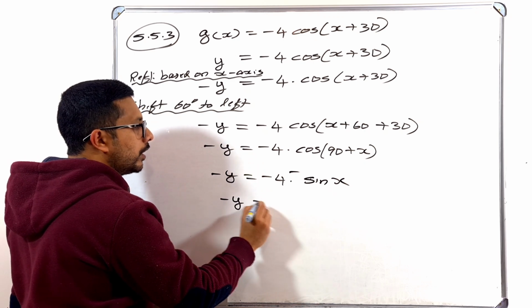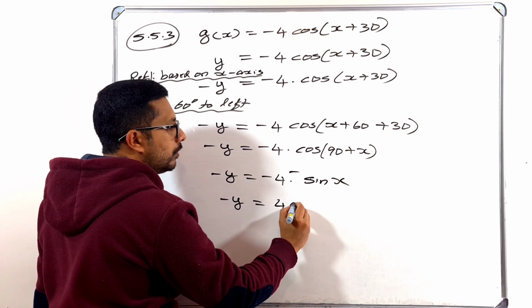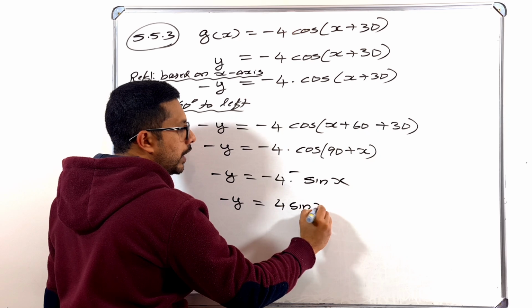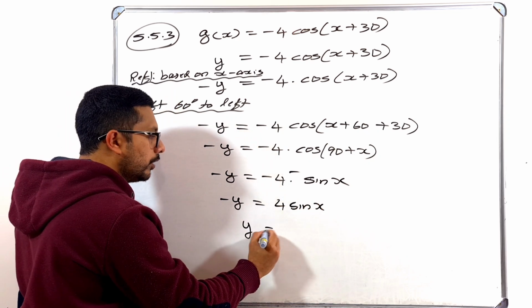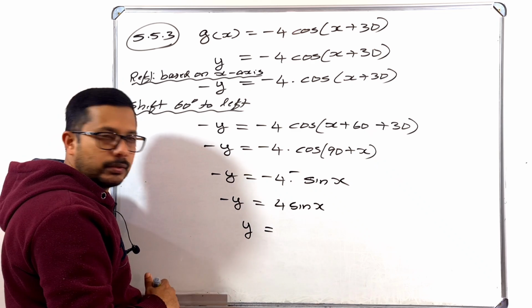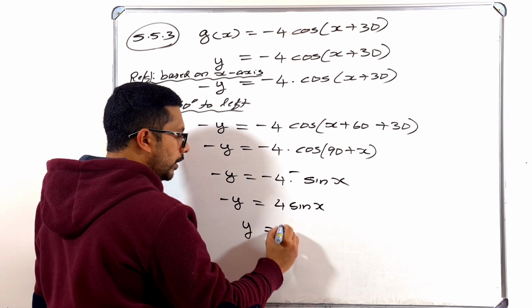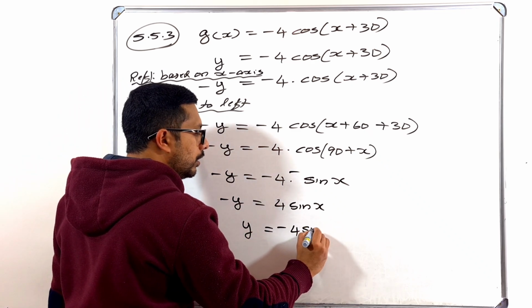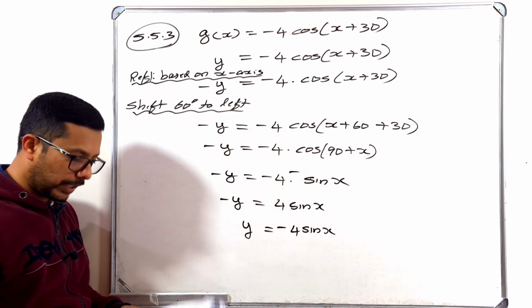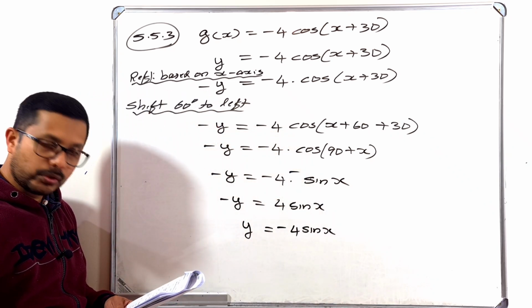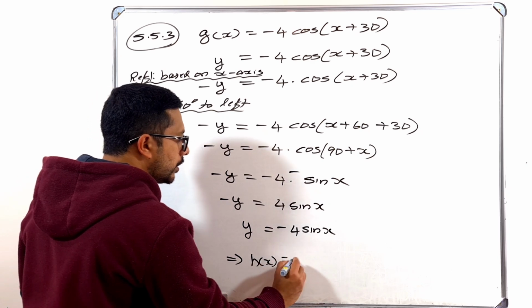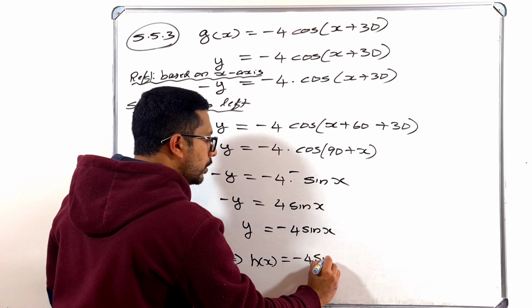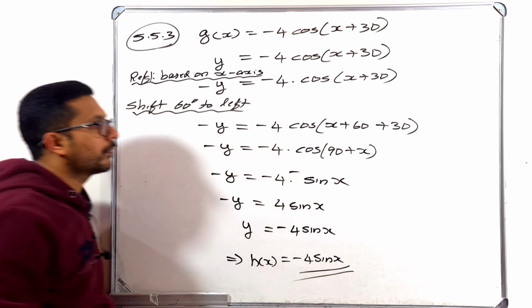So minus y is equal to 4 sine x. So how can you write y? Positive y throughout, multiply or divide with the negative. So positive y is equal to minus 4 sine x, and they call that equation h of x. So our new h of x equation is minus 4 sine x.